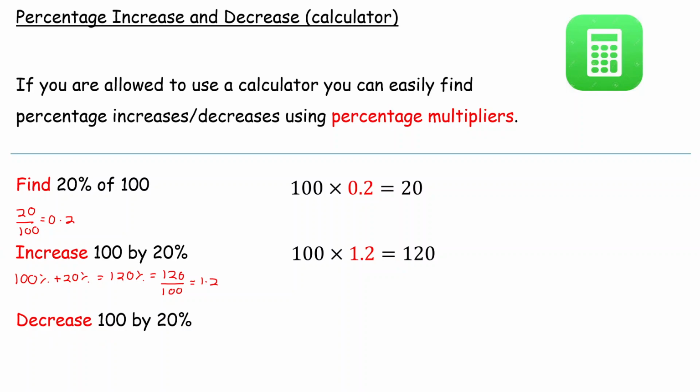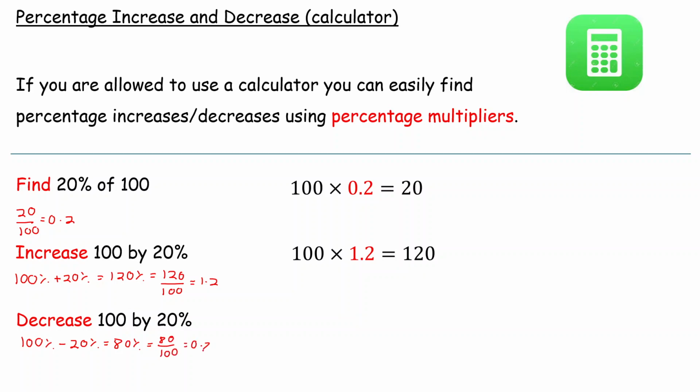The final one, after finding a percentage of a number and increasing, is decreasing, which is similar to the one above in the understanding behind it. If I'm decreasing by 20%, well, again, you always begin at 100% of a number. 100% of a number is just the number itself, like 100% of 100 is just 100. If I'm decreasing by 20%, I'd be taking away 20%, which is equal to 80%, which as a decimal is equal to 0.8. Because again, 80% literally means 80 per 100, which is equal to 0.8.